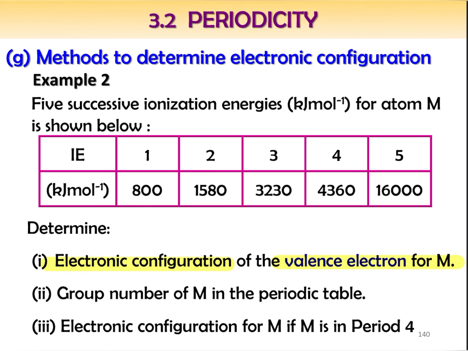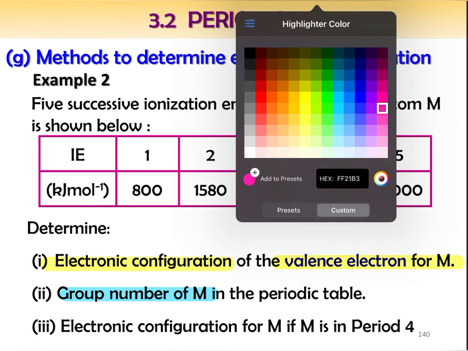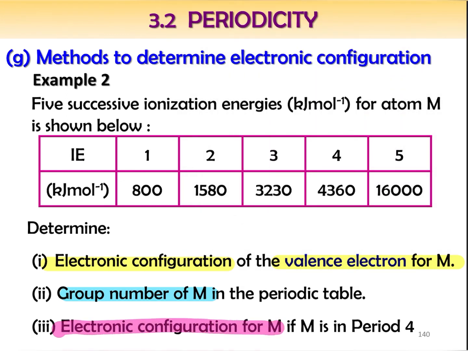Untuk valence electron sahaja. Okay, so next write the group for M. And then the last one is electronic configuration for M if it is in period 4. Ni baru kamu boleh tulis yang full. Alright, so kita go through one by one.